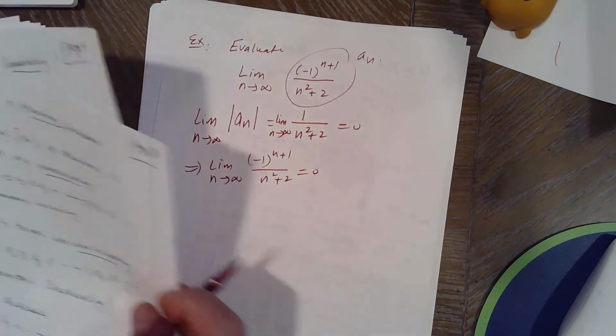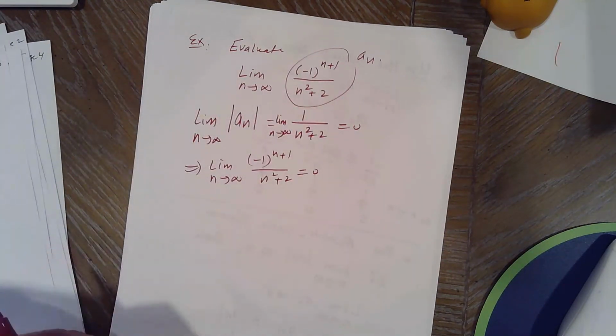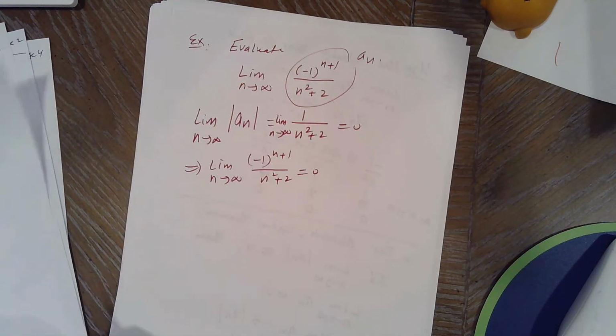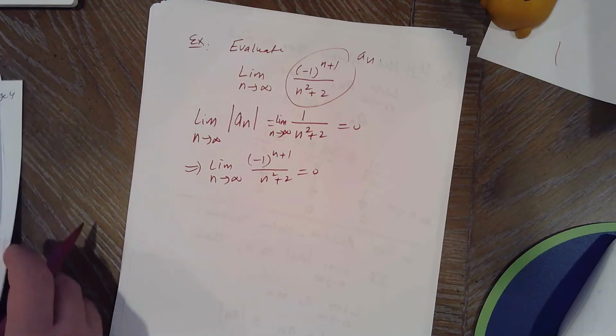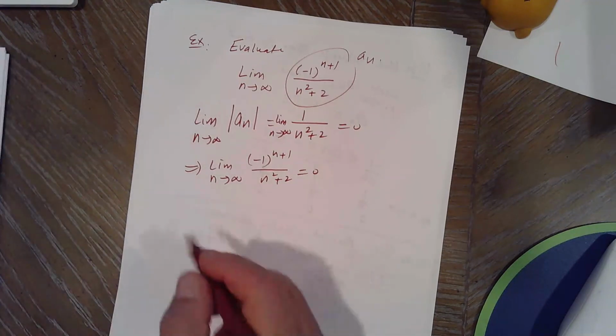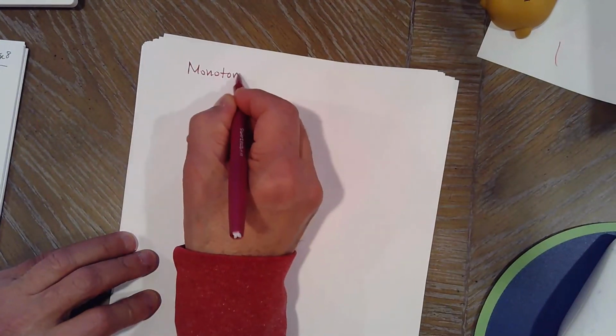So now we're going to discuss monotone sequences and then bounded sequences, and then we're going to look at results about monotonic and bounded sequences in terms of convergence. Okay, so let's first talk about monotonic sequences.